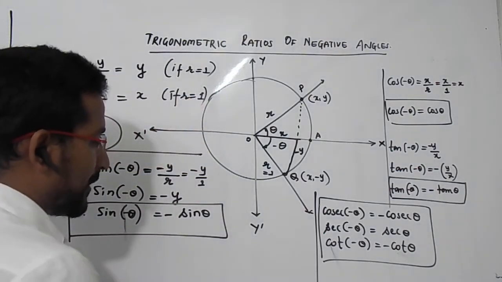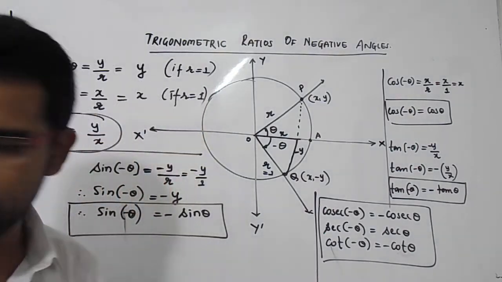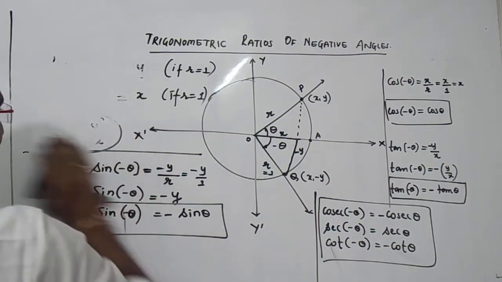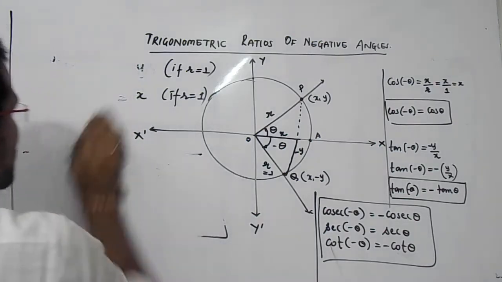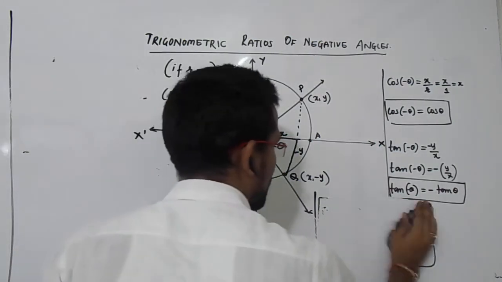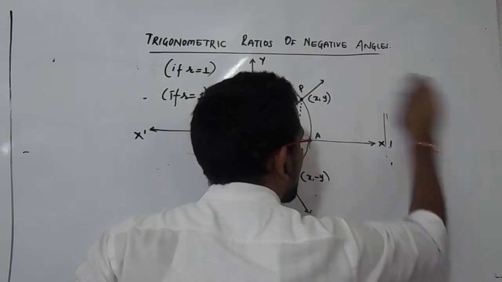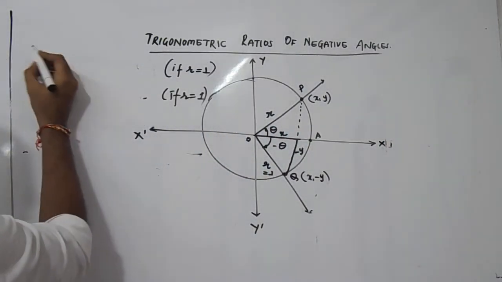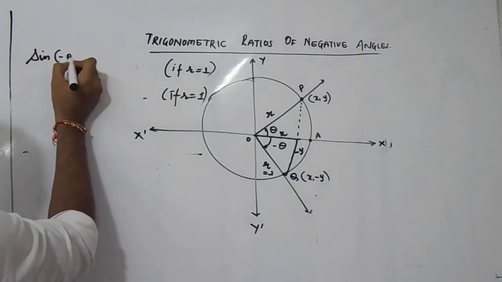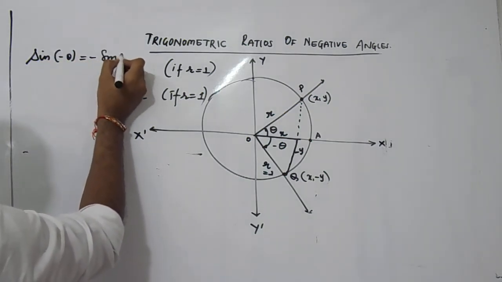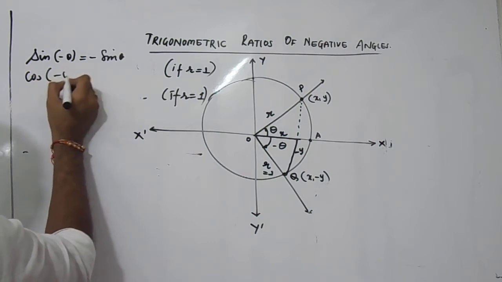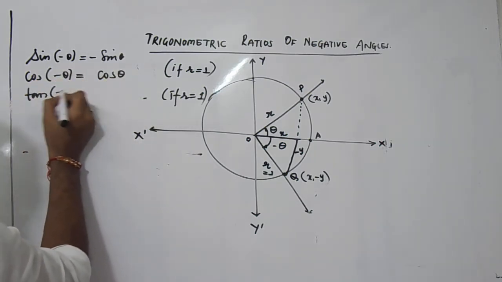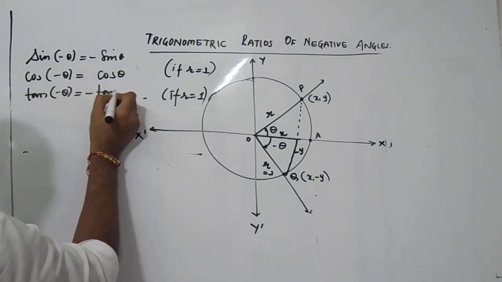So we'll write all the functions here. We got all the relations: sine of minus theta is minus sine theta, cos of minus theta is cos theta, and tan of minus theta is minus tan theta.